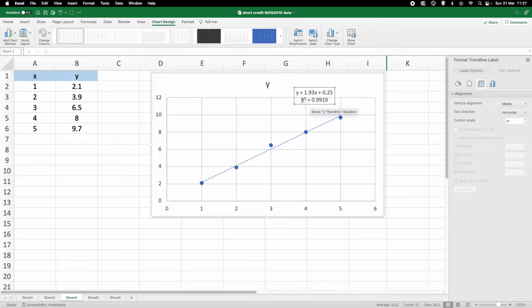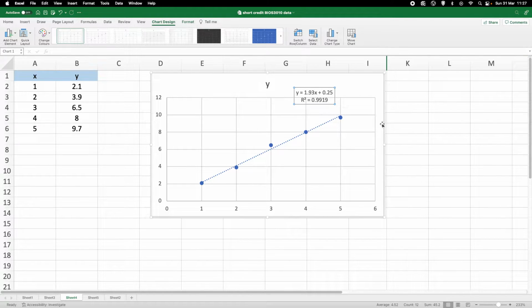The R² value, the Pearson's R² value, gives us a value of 99.19, or 99.19% of the outcome of the response variables are predicted by the independent variables here. So that's a pretty good fit. And we see that the line goes up, so that would be a very strong positive correlation.